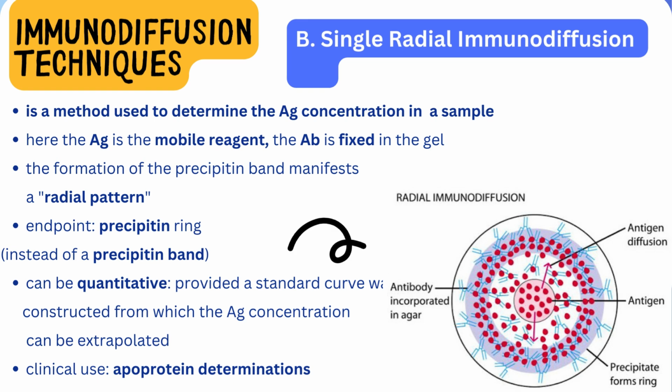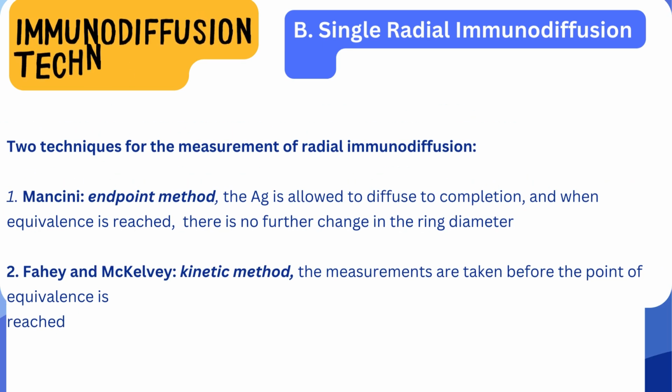A radial precipitin ring forms, and this is an indicator that there is an antigen-antibody interaction. So the endpoint is the precipitin ring. It's not a precipitin band anymore, but a precipitin ring, because this is single radial immunodiffusion. So we've got two techniques for single radial immunodiffusion or RID.